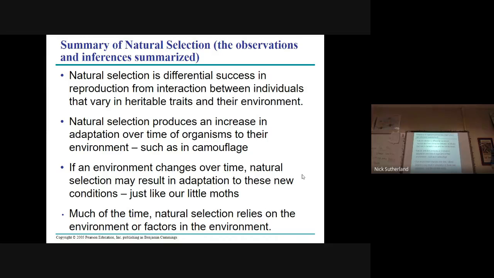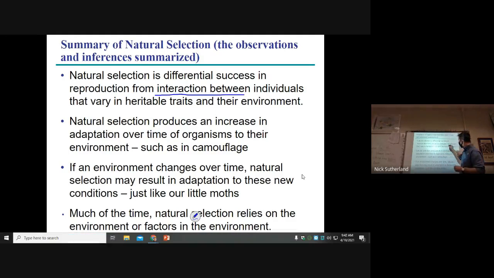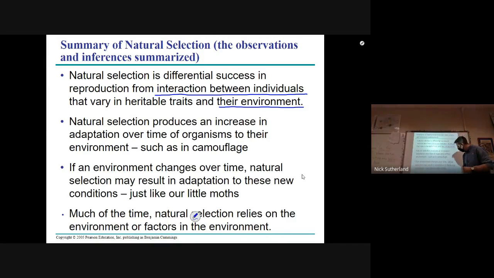And the reason that we have this differential reproductive success is from the interaction between the individuals, and we'll just say, and their environment. And you notice they throw this in here too, which makes it even more thick and chewy. These individuals have different inheritable traits.